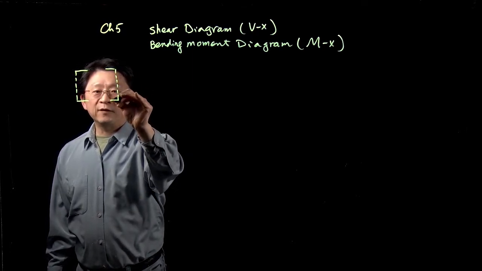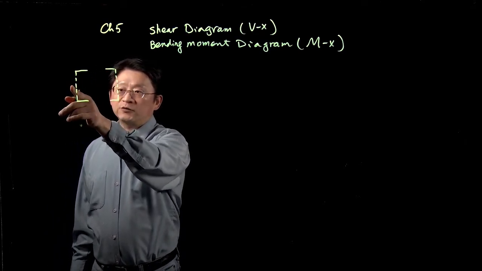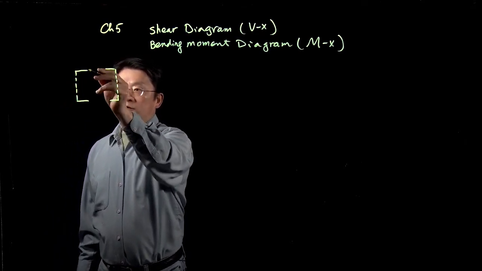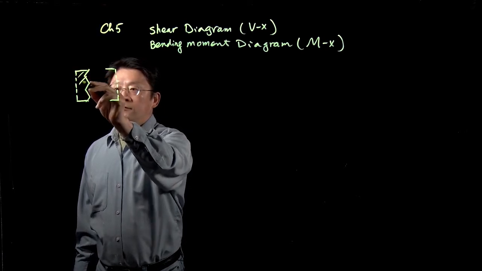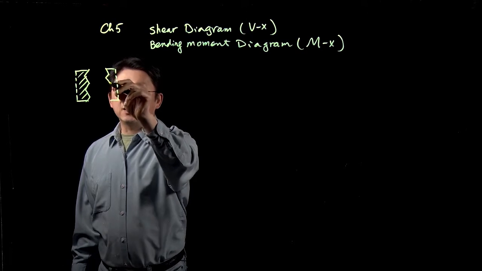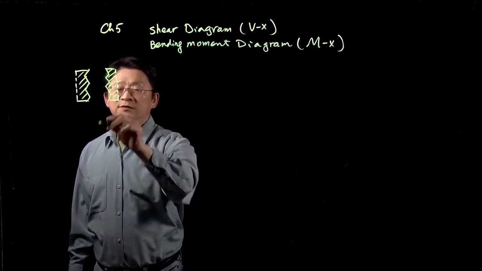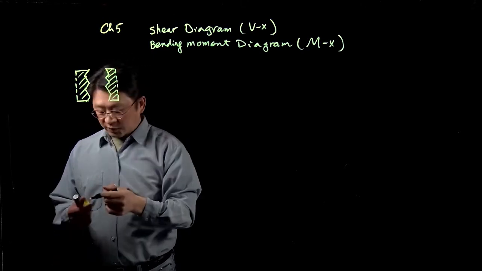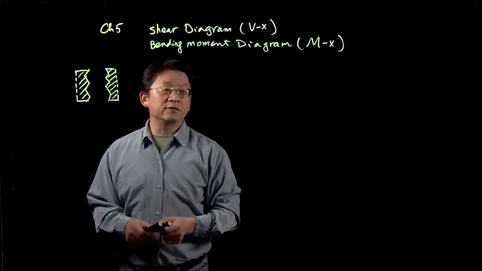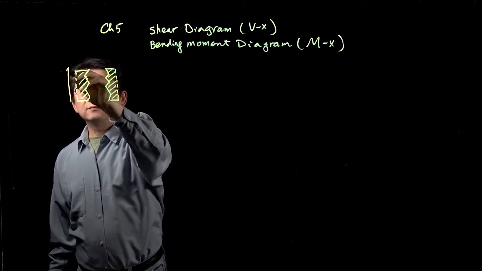If you have sections, one section faces to the right and the other faces to the left. This is a portion of the free body diagram. If you pick a cross section that faces to the right, it belongs to this category, and we define the positive shear and moment like this.